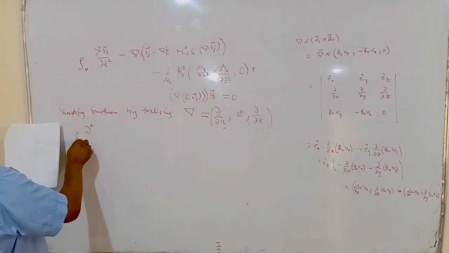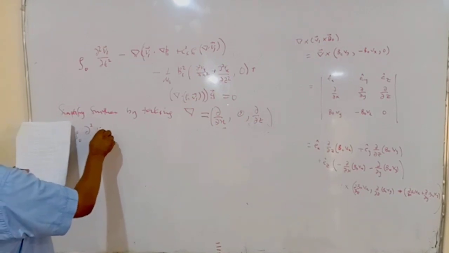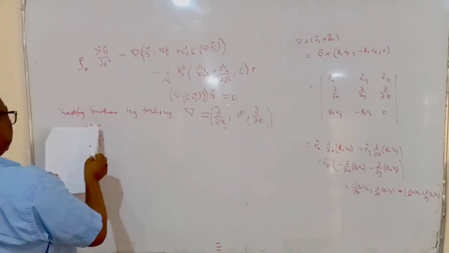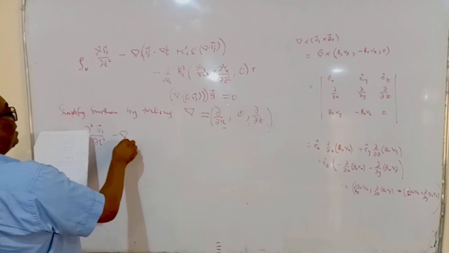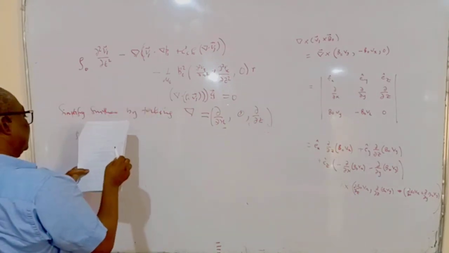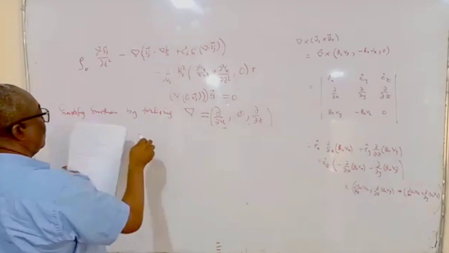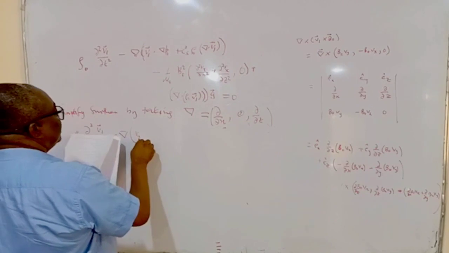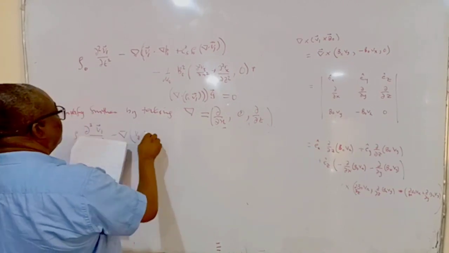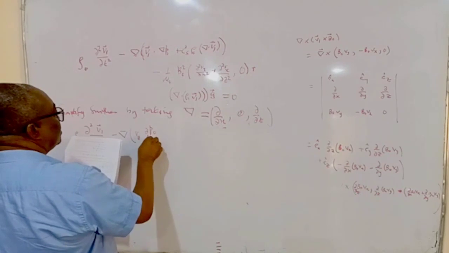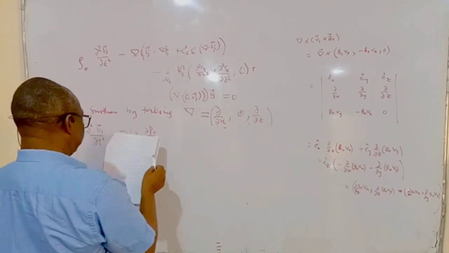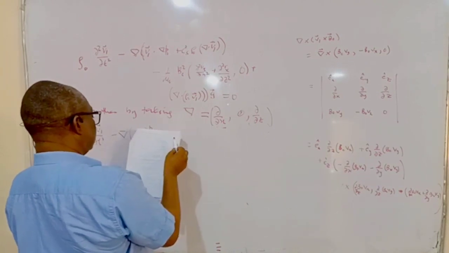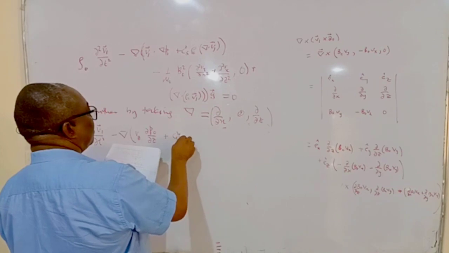Just confirm. Partial squared, I will put my rho 0 of V1 by partial t squared, minus of this, grad is still there. I will have Vz by partial P naught by partial z, plus CS squared rho naught.